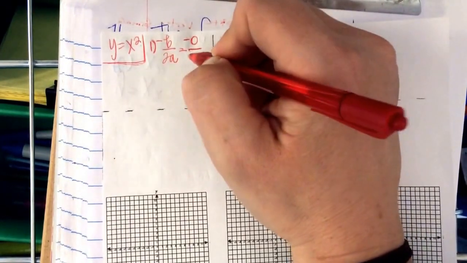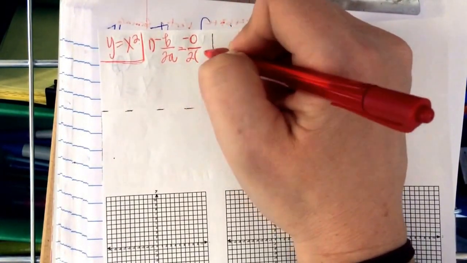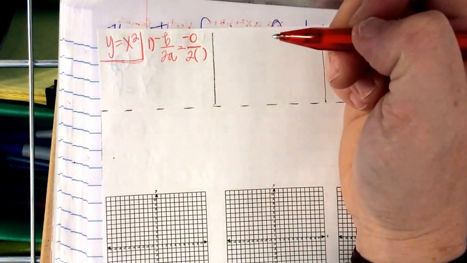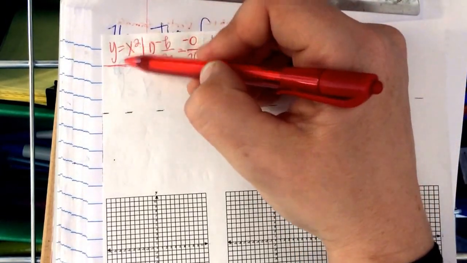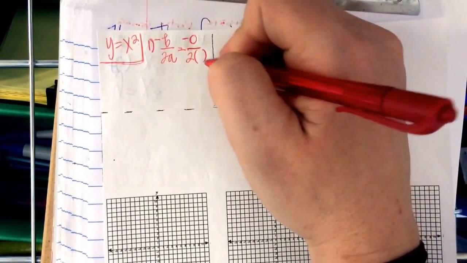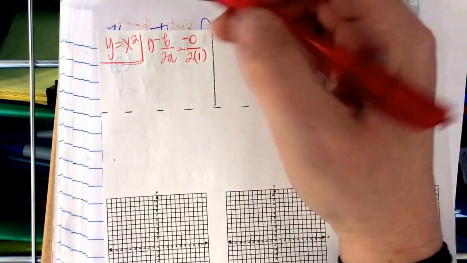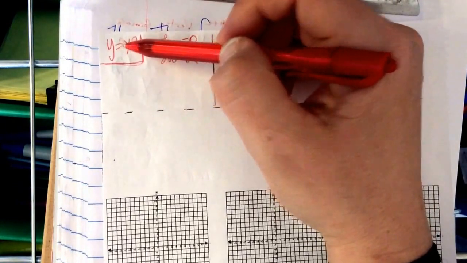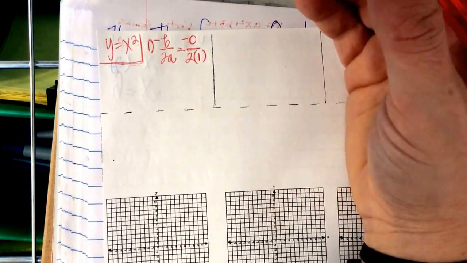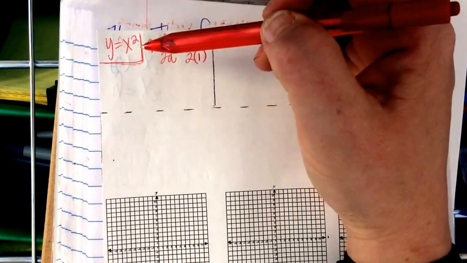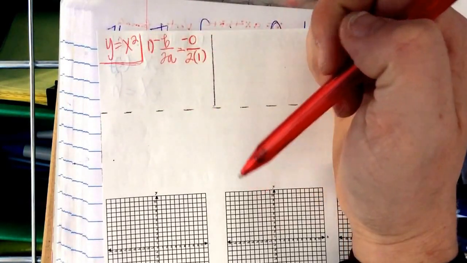Over 2 times, what's my a value? 1. How do you know it's not a 0? Because if it was a 0, x squared wouldn't be there. Since it is there, it's a value of 1.